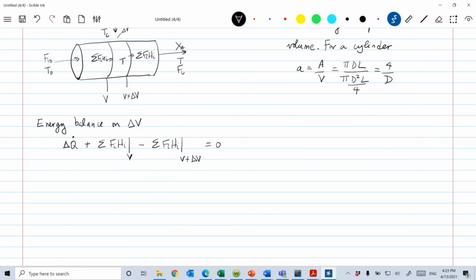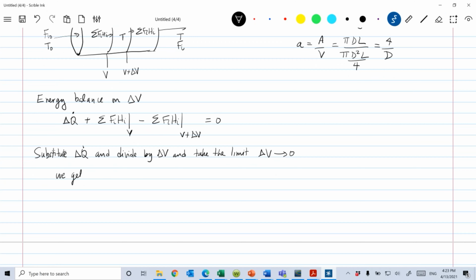Now, if you substitute delta Q, and divide by delta V, and take the limit, what you get is U small a times Tc minus T minus the derivative equals 0.